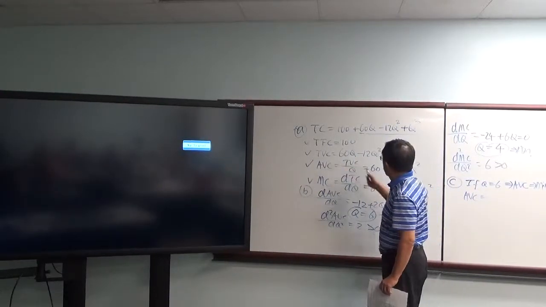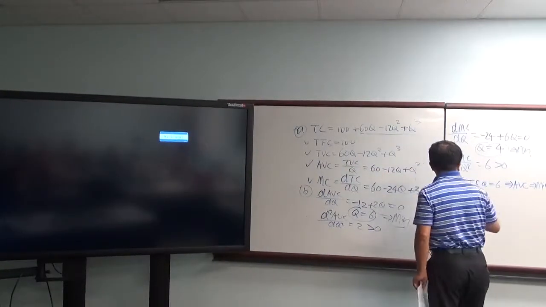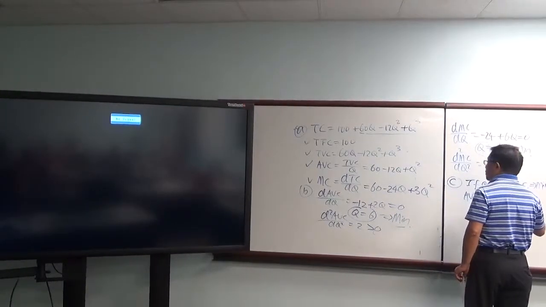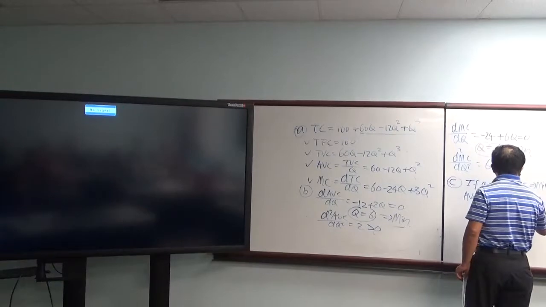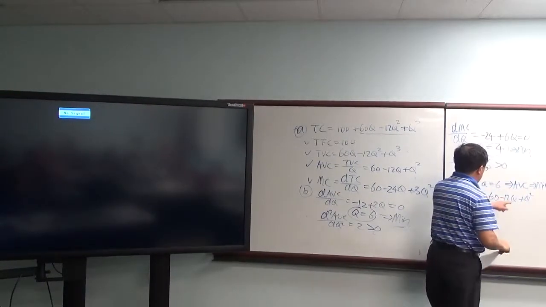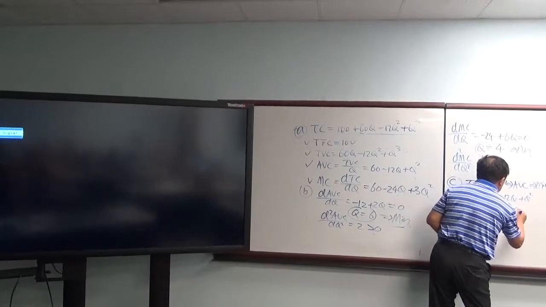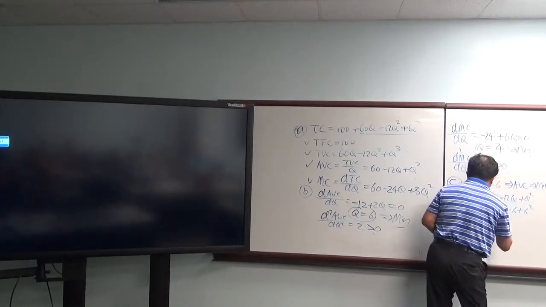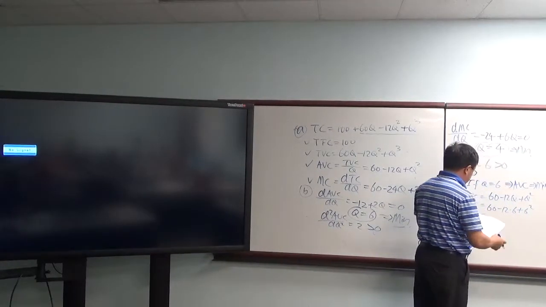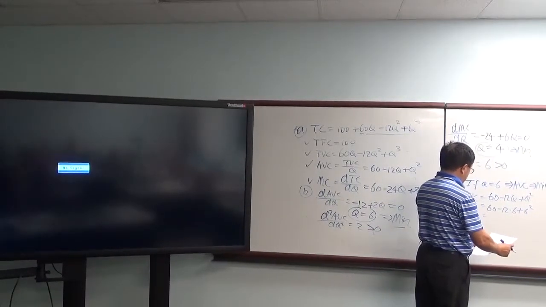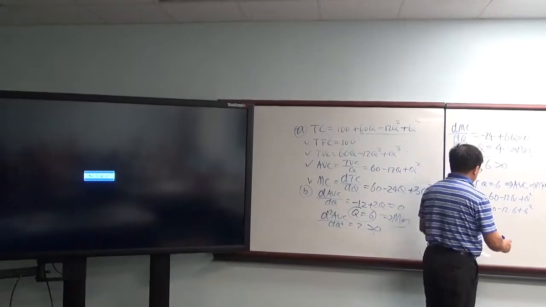We can calculate it with this function. Average variable cost is 60 minus 12Q plus Q squared, replacing Q with 6: 60 minus 12 times 6 plus 6 squared. Then you will find the average variable cost is equal to 24.